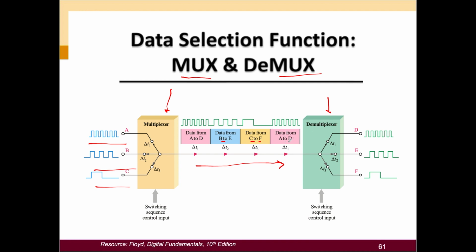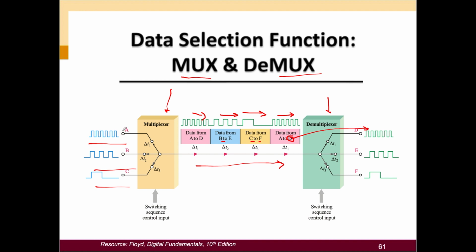And data from A to D also, over here you can see basically it moves along. First you send A, and then you send B, let's say, and after that followed by C, and it will move the other way round, which is A to D and so on. So D is basically the output, as you can see over here.